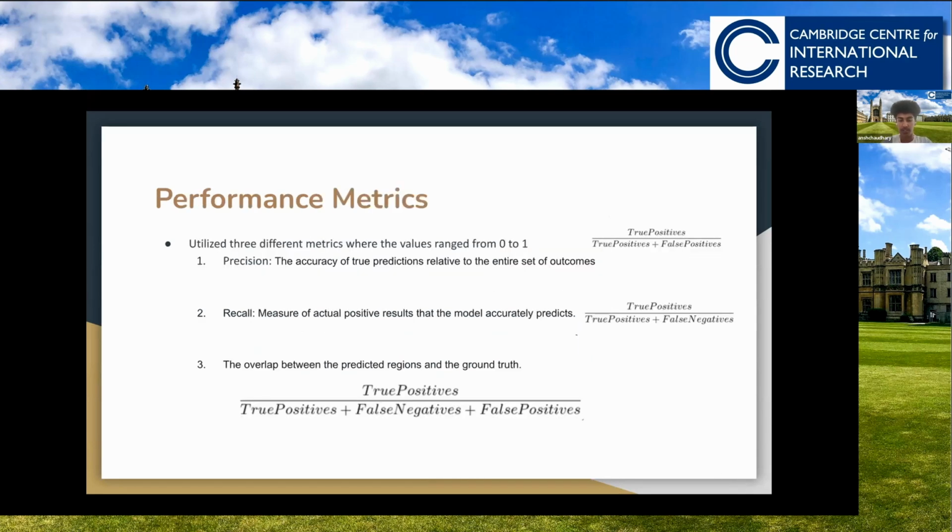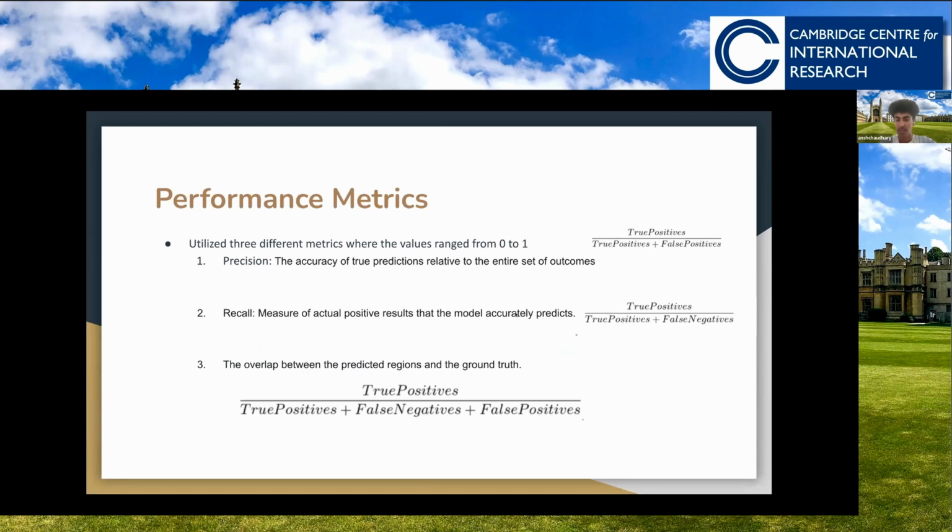And our performance metrics. Here we use three different metrics. First, we have precision. This is the accuracy of true predictions relative to the entire set of outcomes. In other words, it represents the proportion of events the model correctly predicted to be positive. To guarantee that non-organ regions are excluded from the segmentation, precision is essential.